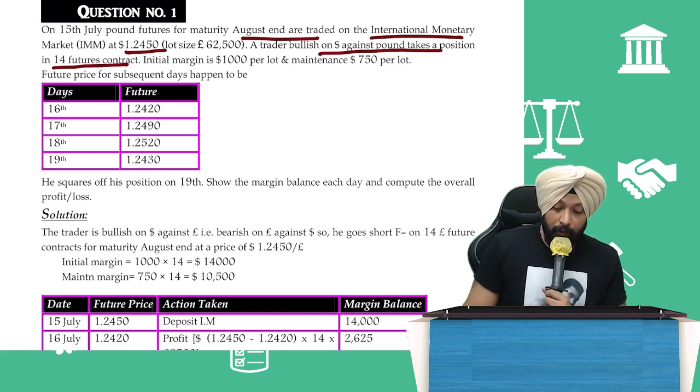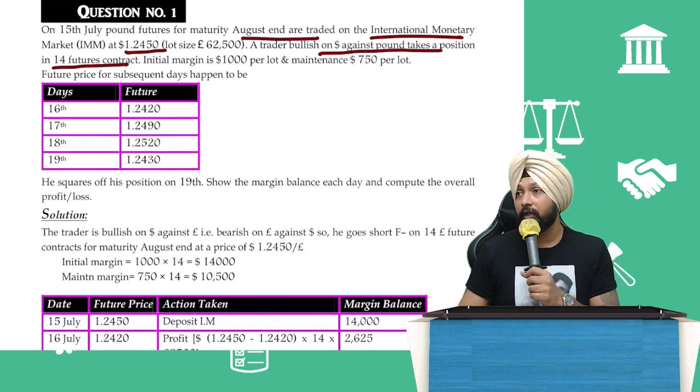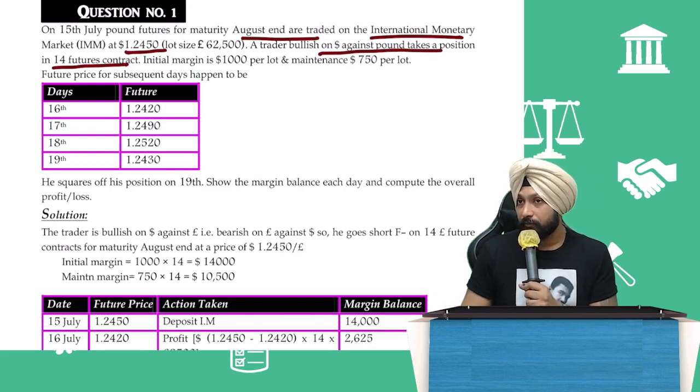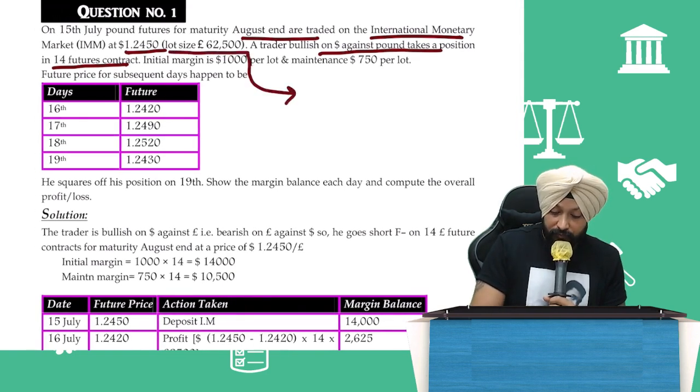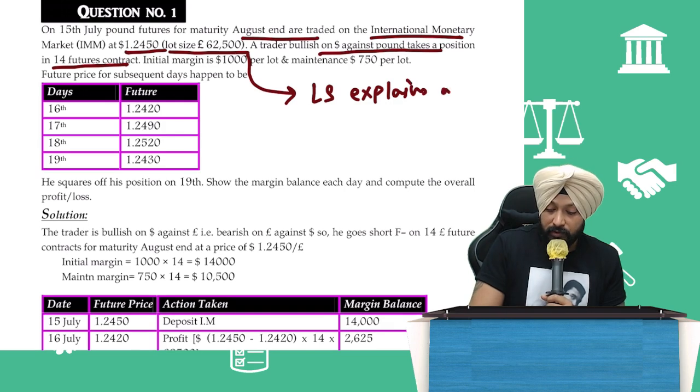Okay. Another thing, guys, very, very important is that if they did not say these are pound futures, then also we know this is pound future because of the currency in which lot size is given. Lot size explains what currency future is available.